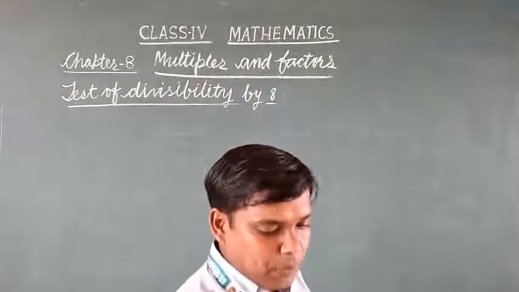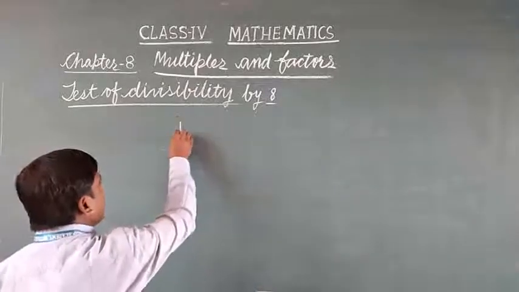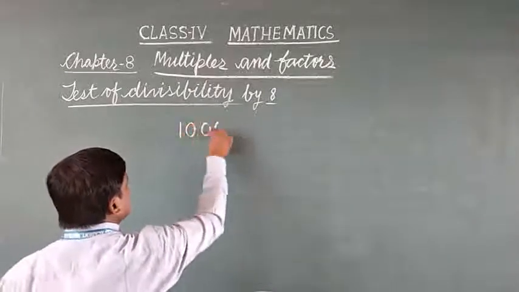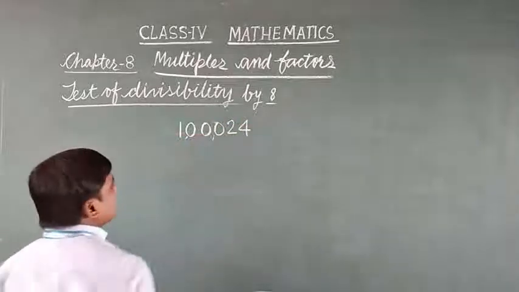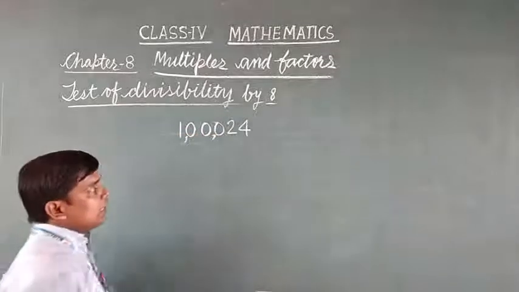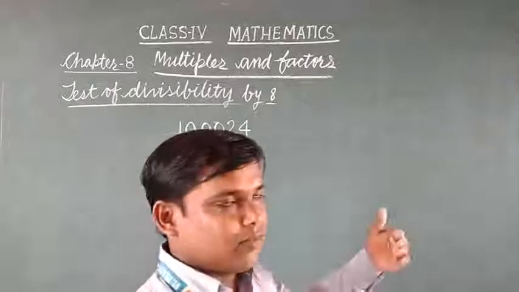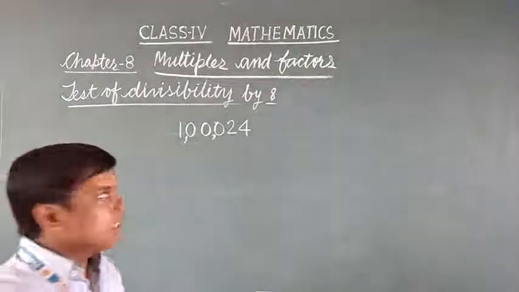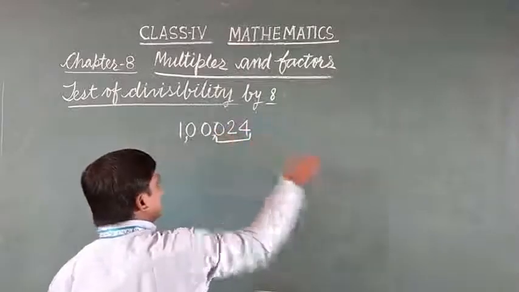Take an example of number 1 lakh 24. This is the number. We have to check this number is divisible by 8 or not without actual division. So the rule is that we will check the last 3 digits is divisible by 8 or not.